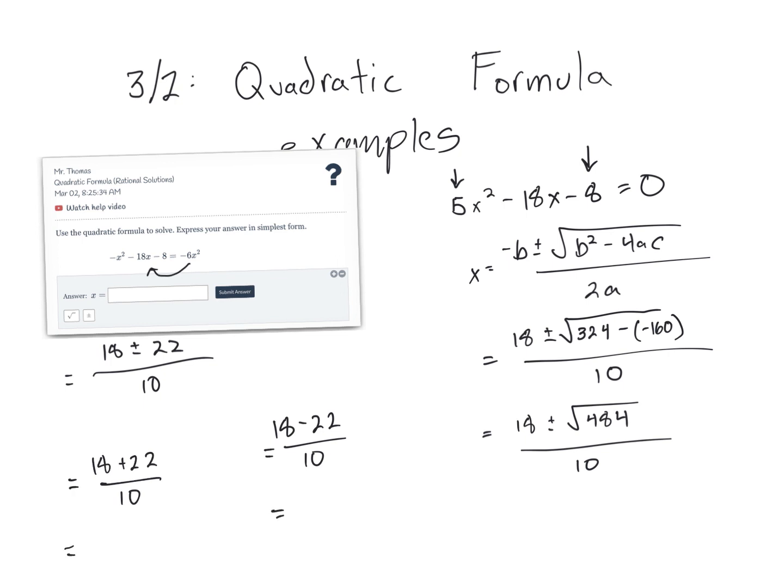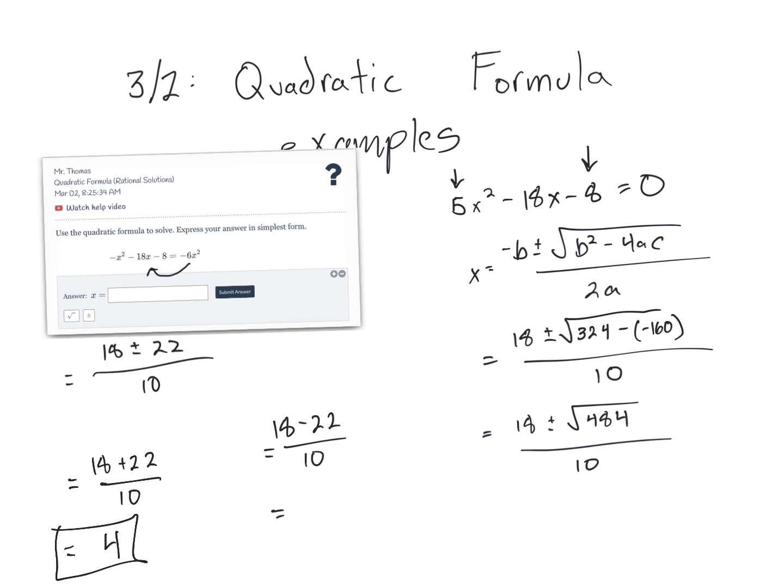So there's two answers. 18 plus 22 is 40. 40 divided by 10 is 4. 18 minus 22 is negative 4. So negative 4 over 10.